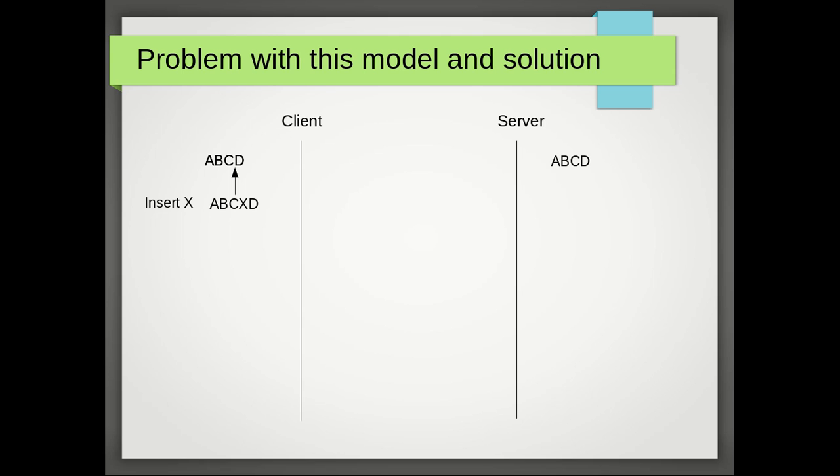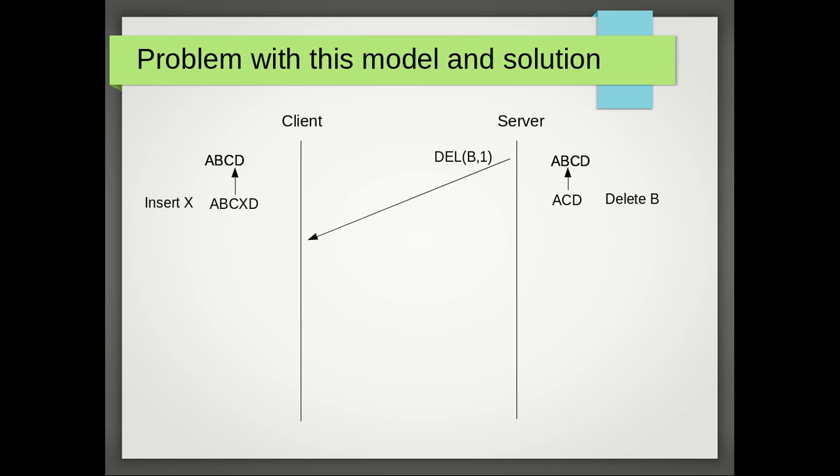In the other case, let us say the server performs a delete function and tries to delete this B. So it will send the command that after the first A, delete B. So the copy that it would generate will be ACD. With operational transformation, we send the change made at one place to the other.